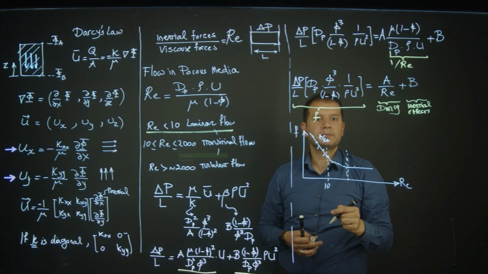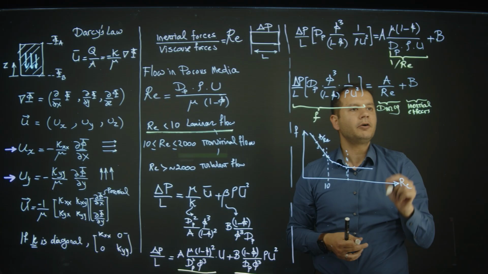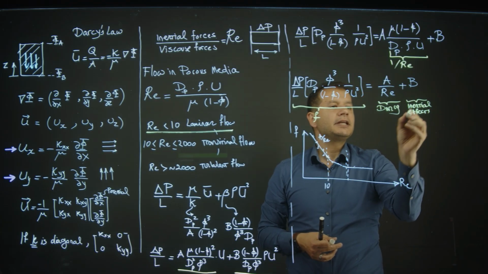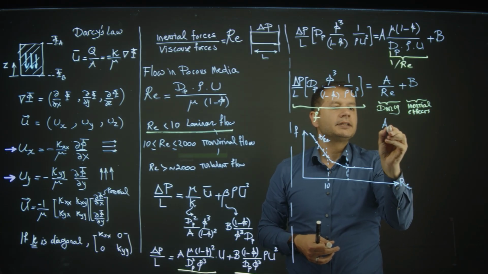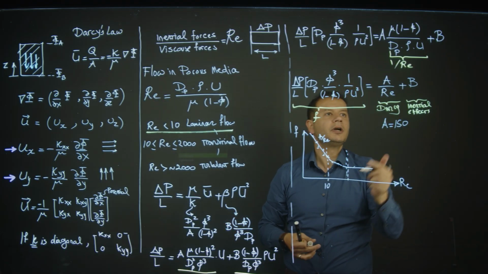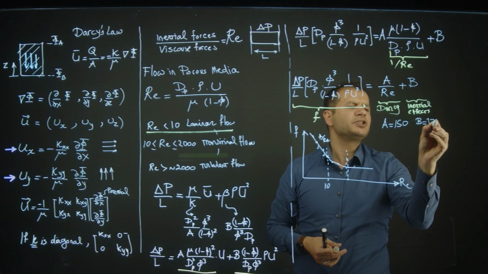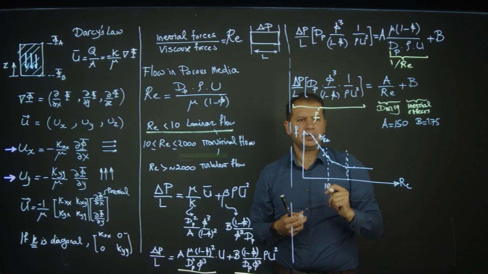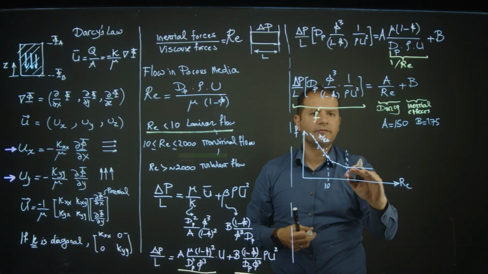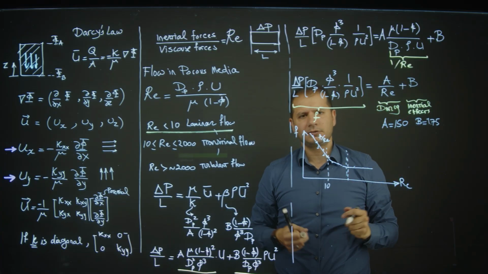And the reference to his paper, I'm going to put it in the comments of this YouTube video. The inertial effects that were reported: A was found to be 150 by Carman-Kozeny and others also, and then the B factor here is 1.75, which is almost like 2, which is exactly the dependency of the pressure gradient to the rho u squared, which will be about 2.